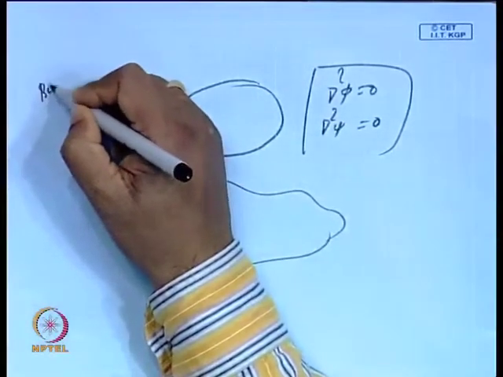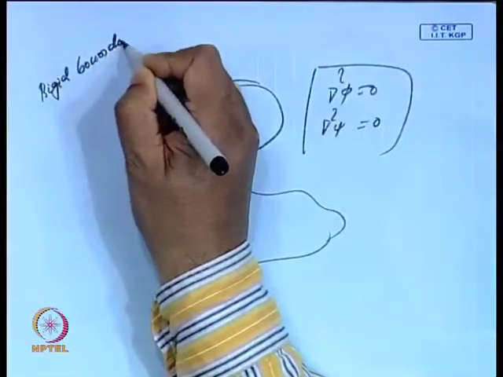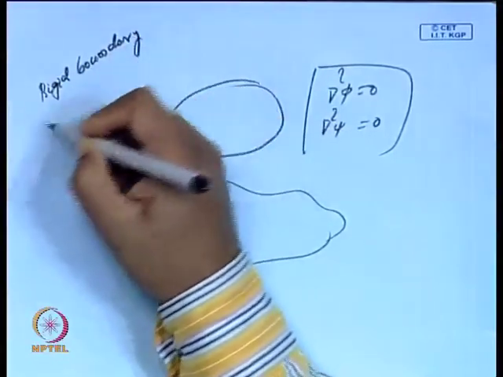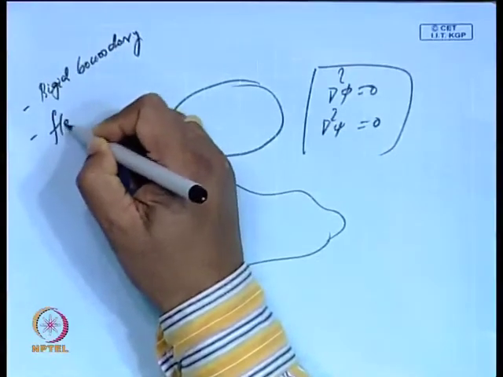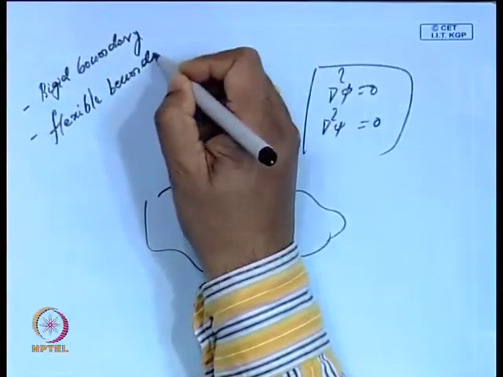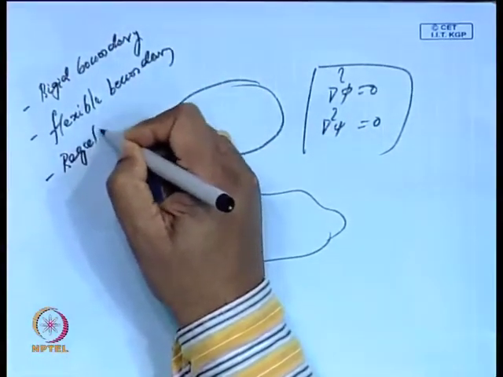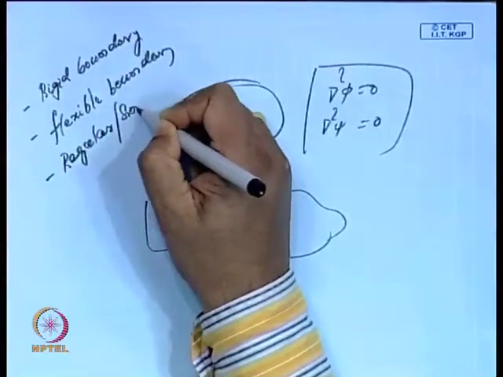We can talk of a rigid boundary, or a flexible boundary. Our boundary may be irregular, or we may have a singularity on the boundary.